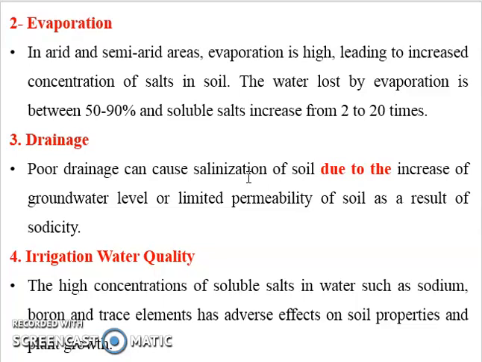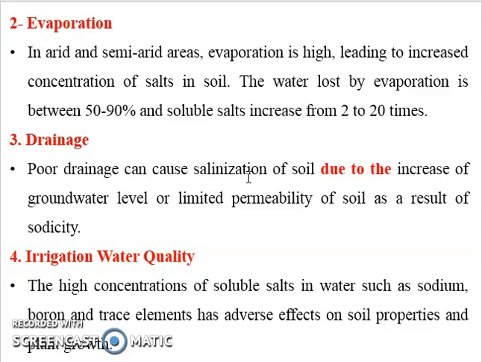If you add saline water in irrigation, the salt will accumulate in the soil and the soil will be deteriorated, especially in arid conditions where evaporation is very high and the salt accumulates on the surface. However, if you are using fresh water, the accumulation of salt will be low, while the leaching process will be dominant.